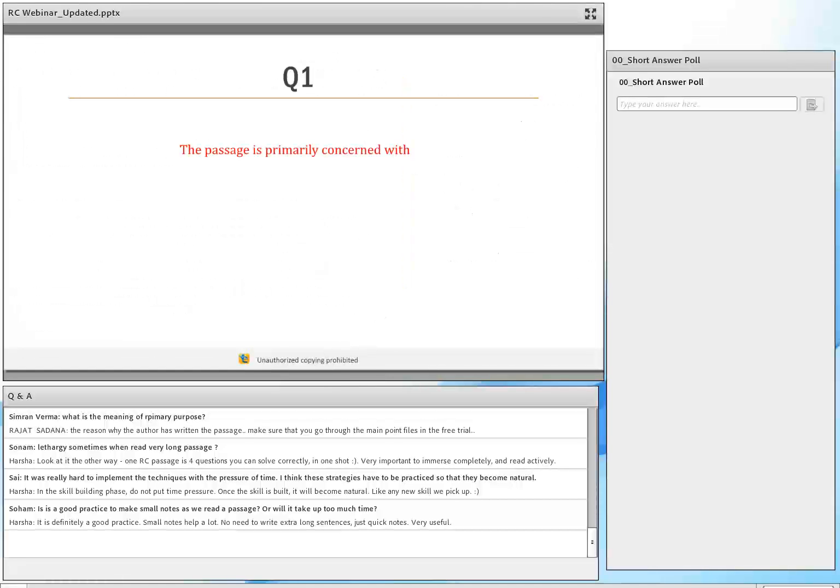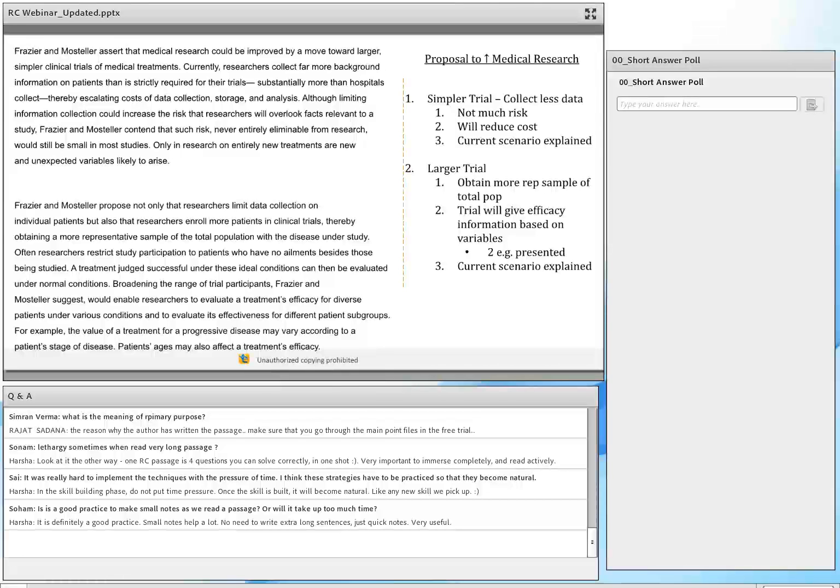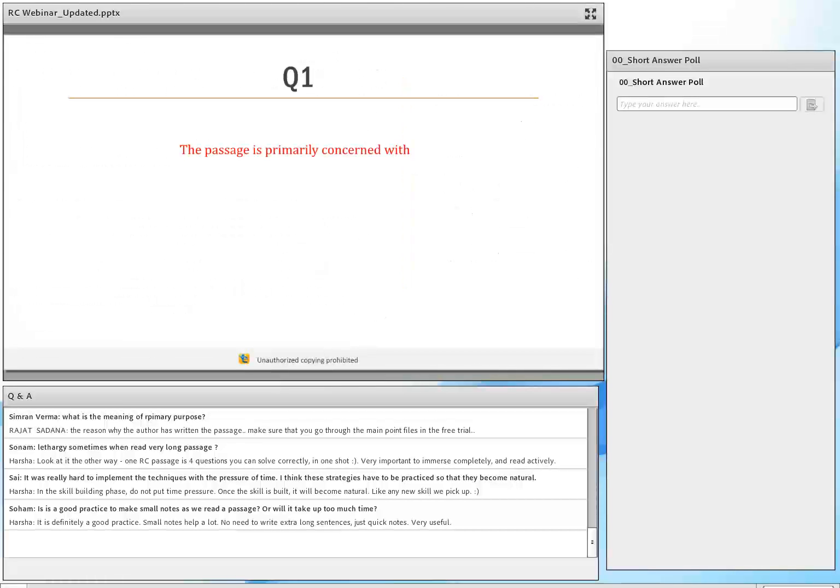Actually, let me just go back. And essentially you put in a more representative sample of total population under trial, and it'll reduce the need to do a two-step trial, and there are certain examples that are presented. So at a very high level, this is what the entire passage does. Okay, everyone's with me right now? Yes, no?